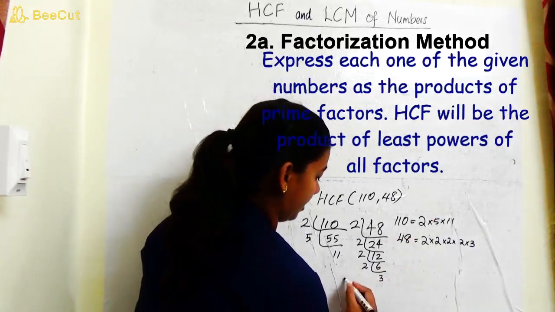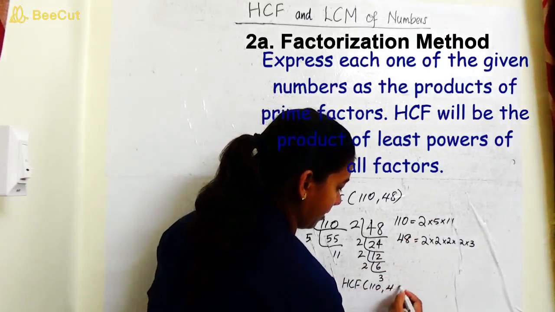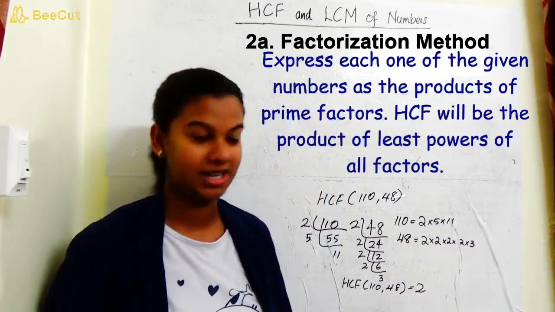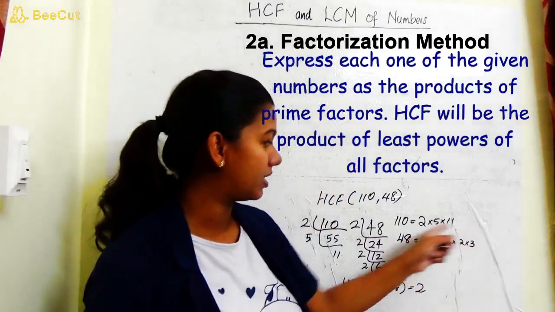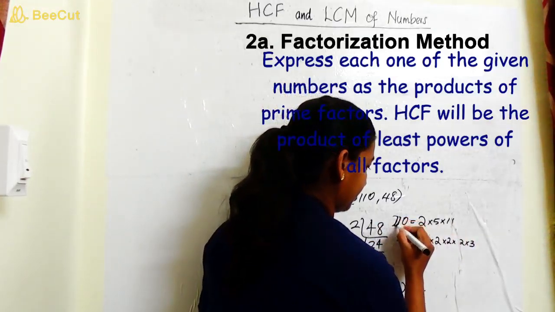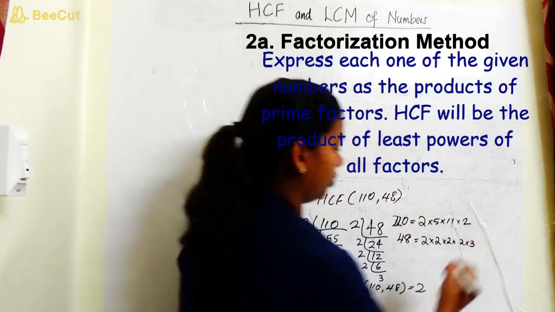So we can tell that HCF of 110 and 48 is 2. Suppose this is 220. That is, extra we have to multiply by 2.